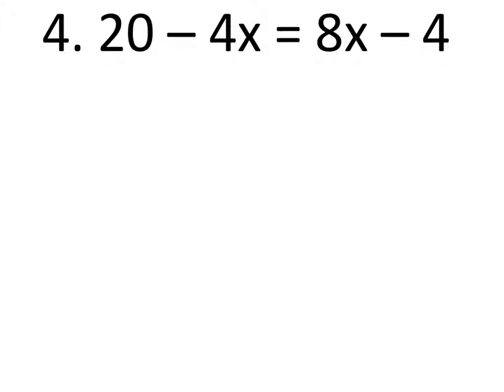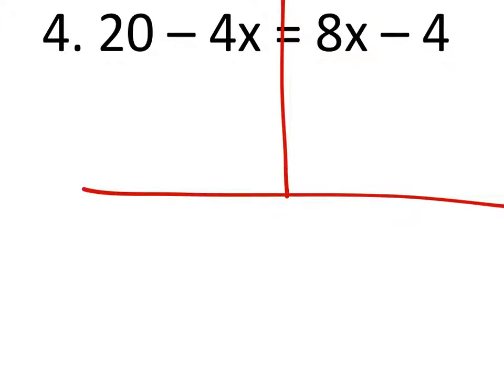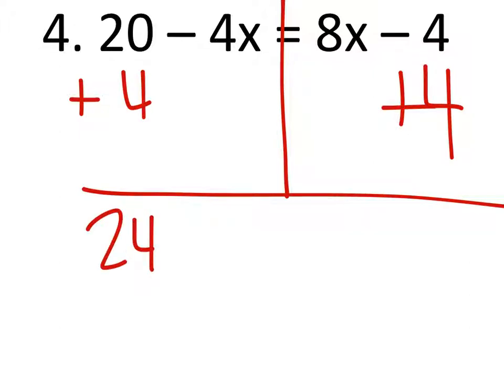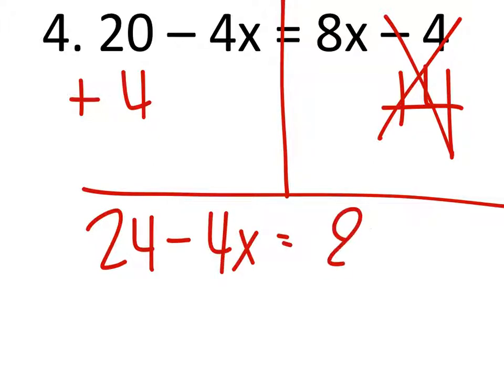So we have to add the T. And what we have to do first is we need to add 4 on both sides. And that would be 24, and that would cross that out. So 24 minus 4x equals 8x. And write smaller. Then you do the T again.